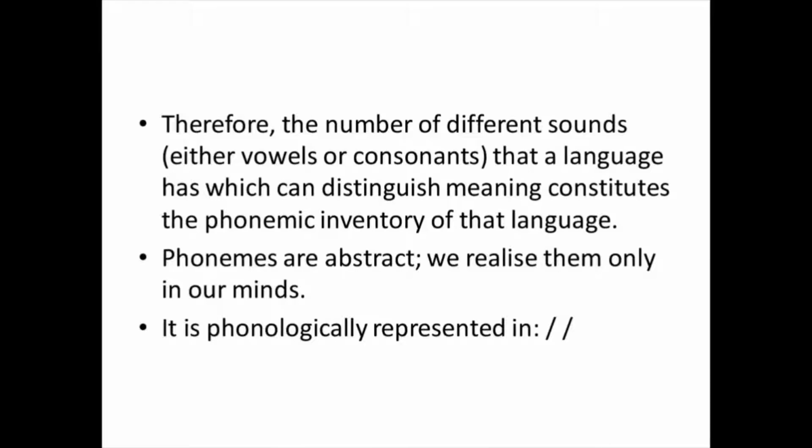So we'll move on and give you specific examples of what we mean, sounds in our mind and sounds that are physically produced. We represent sounds that are phonemes by two slashes or slanted lines, as you can see in the slide.